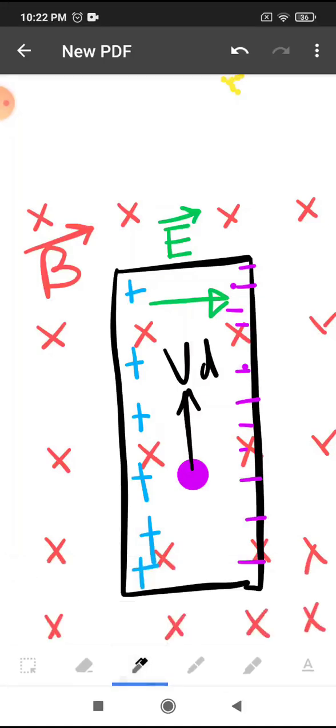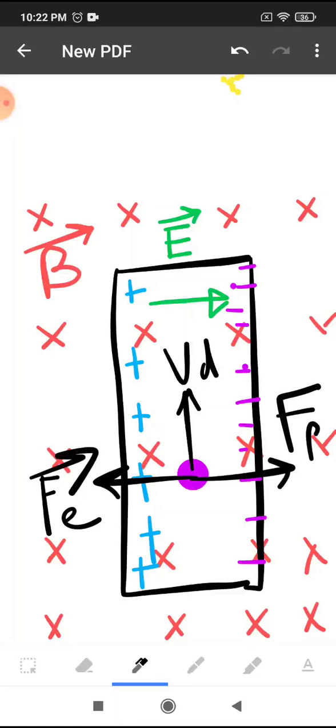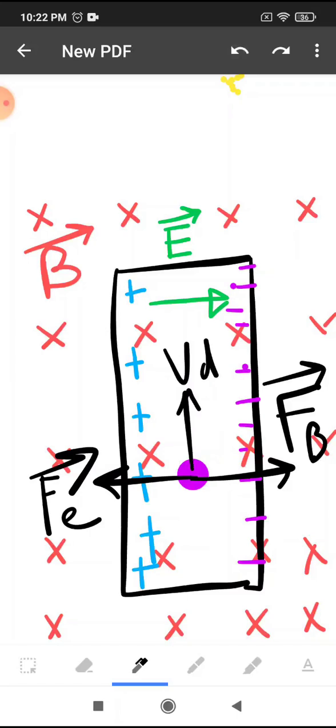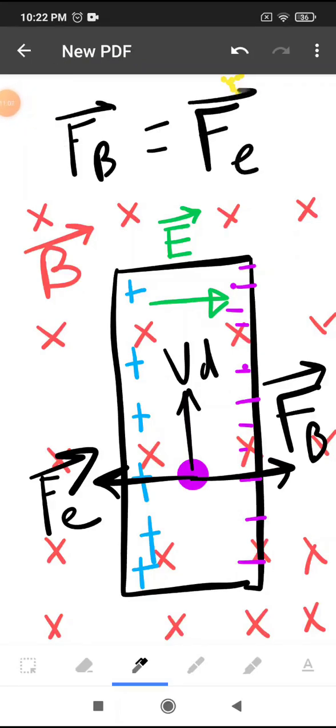Now that force is in this direction, that is Fe. Let us denote the magnetic force as Fb. Some of the electrons continue to move like this in spite of this unbalanced situation of forces, but after a certain instant of time, there comes a situation when Fb, the magnetic force on the electron, is equal to the electric force due to the electric field.